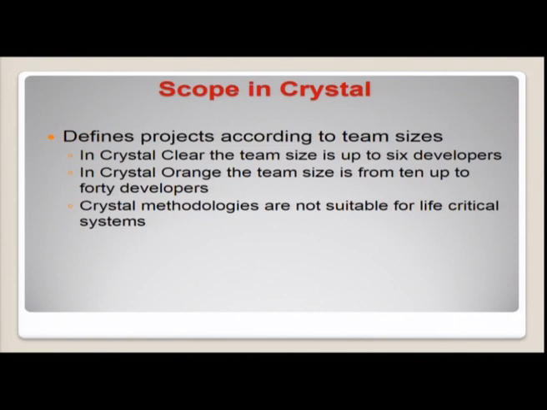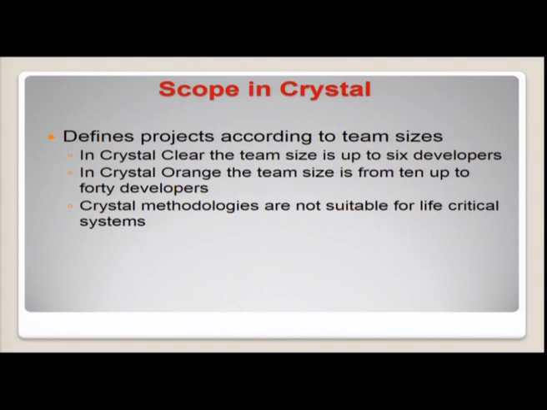Supposing I have a team size of 11 members, say for example, can I work with Crystal Clear? Definitely not. Alistair Cockburn, who is said to be the founder of this Crystal method, claims that if the project size increases, it is always a better practice to move from one region to the other region.